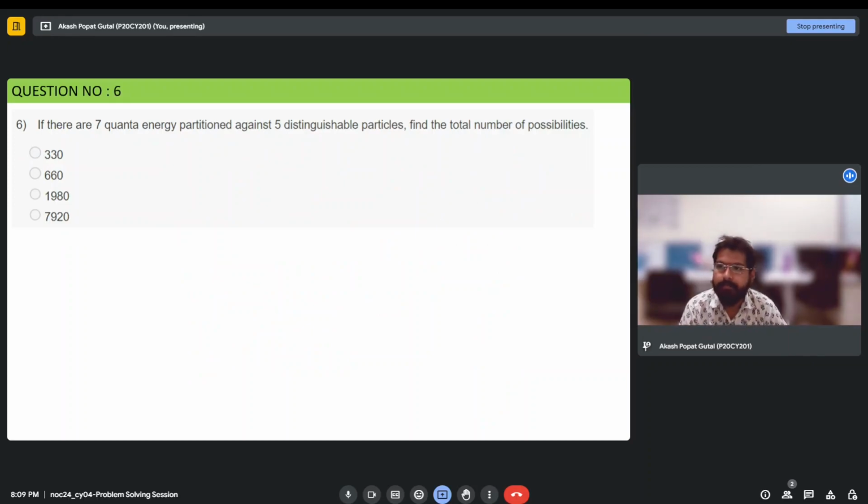Next question. If there are 7 quanta of energy partitioned against 5 distinguishable particles, find the total number of possibilities. Please try to work on this problem. Take 2-3 minutes, take your time and try to work out the given problem.